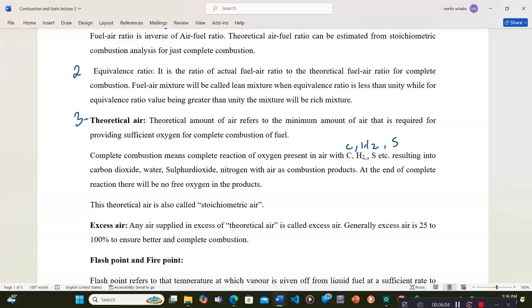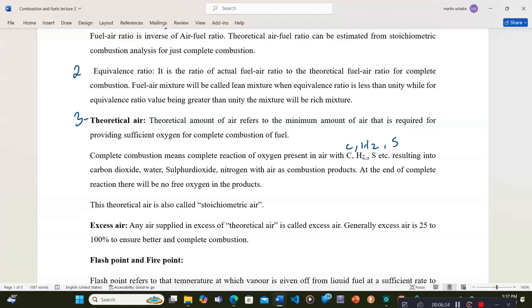Of course, if we also have nitrogen there it could react, but in most cases this nitrogen won't react, though it will be present in the byproducts, because we know air has oxygen, nitrogen, and other gases like some water vapor, argon, neon, and many others, even dust.